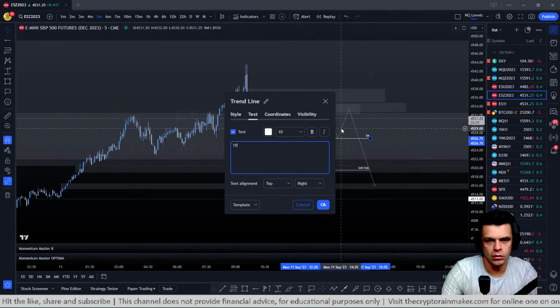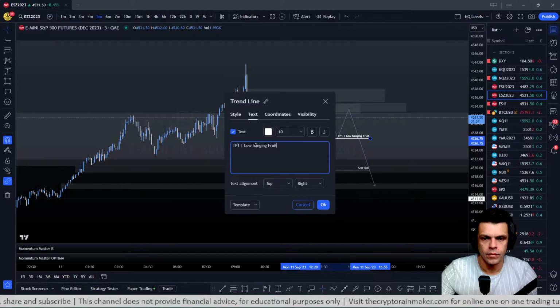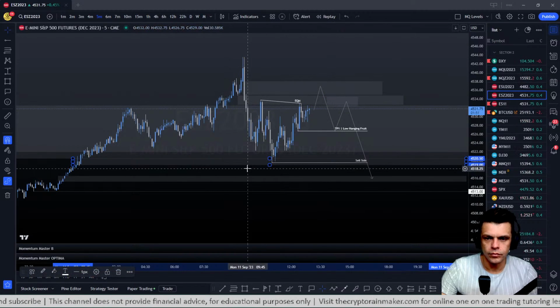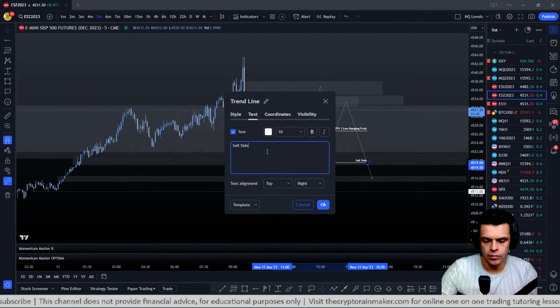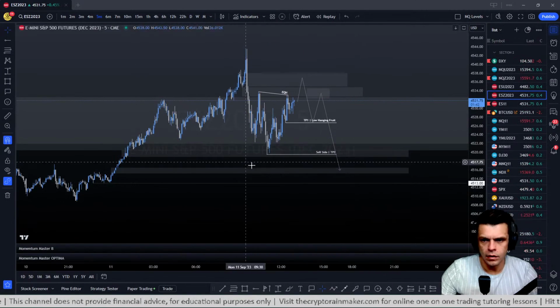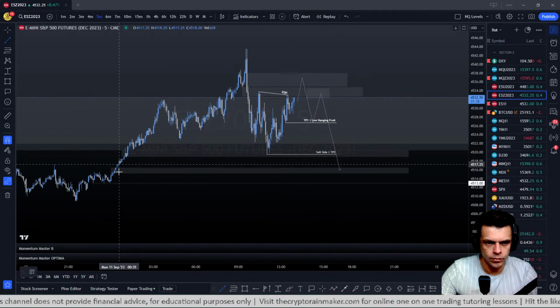TP1 is going to be here. So this is the low hanging fruit. TP2. And then I think TP3 right at this fair value gap should be fine.